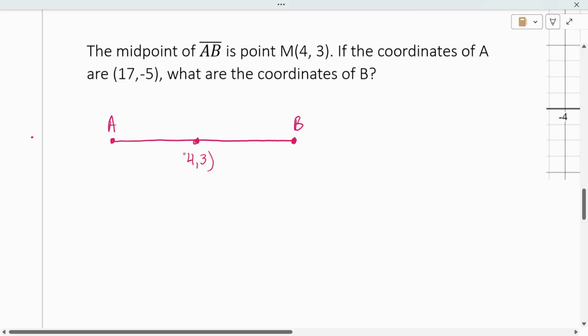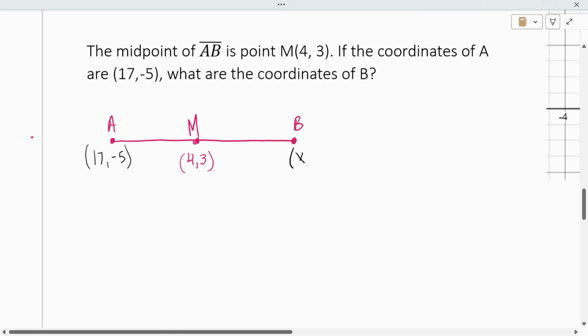So I know that this is the midpoint, point M, and it's that coordinate 4, 3. If the coordinates of point A are 17, negative 5, what are the coordinates of B?